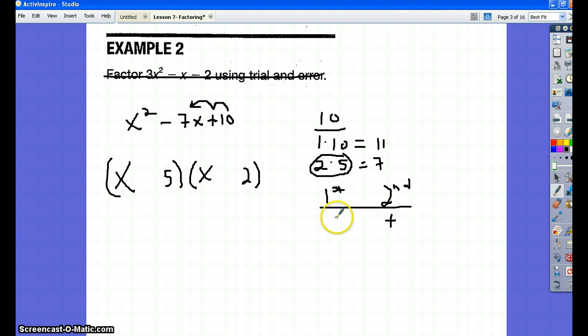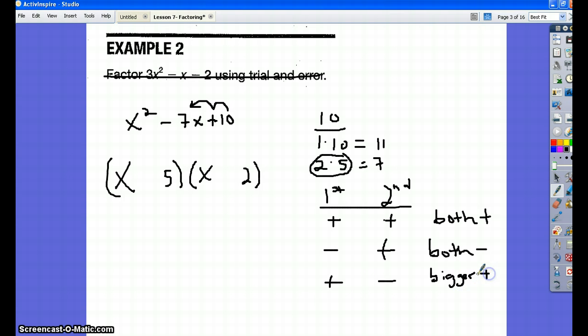So let's say the first one's a plus, and this one's a plus, therefore they're both a plus. Now, if the first one's a minus sign and the second one's a plus sign, they're both minus. So what if the second sign's a minus sign though? So say this is a plus sign, but this is a minus sign. So the bigger one is going to be a plus. So you would think of this one as a prize.